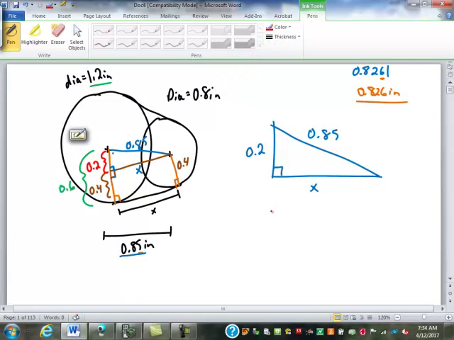So now to find x, it's simply going to be a squared plus b squared equals c squared. Of course, the shortcut is x is going to equal the square root of 0.85 squared minus 0.2 squared.